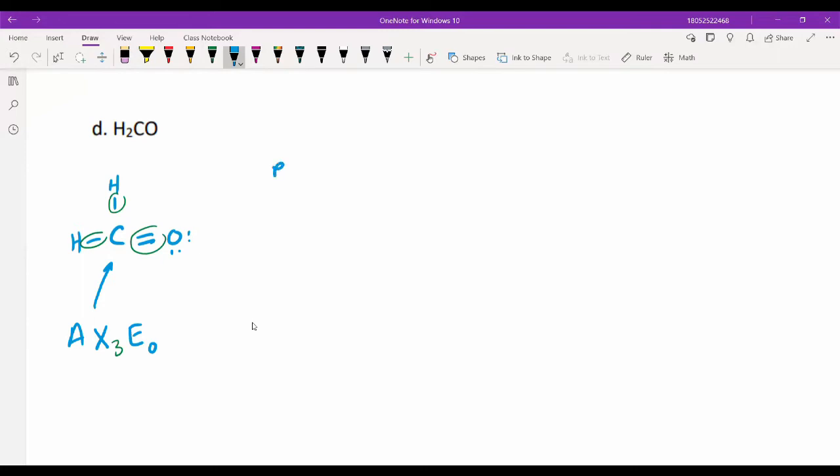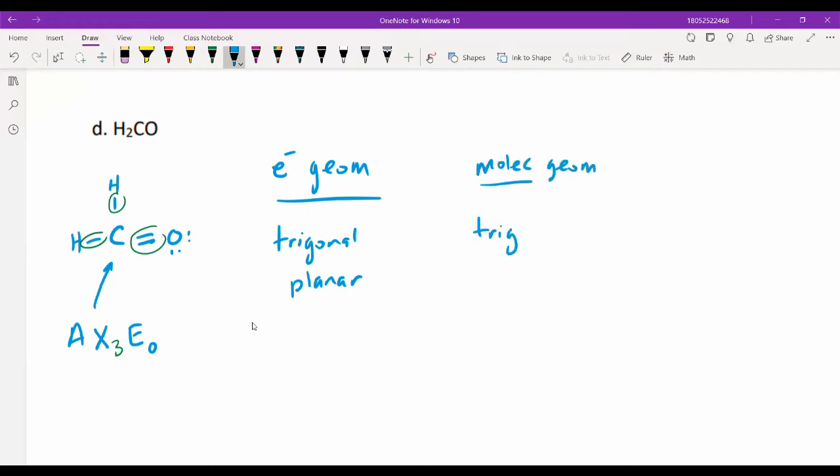And the electron geometry, again, this is going to be 3. That's going to go with trigonal planar. That's the basic electron geometry for having 3 regions around a central atom. And since there's no lone pairs, this is the same. So again, there's no lone pairs, the electron and the molecular geometry are the same, and the angle is 120, right?